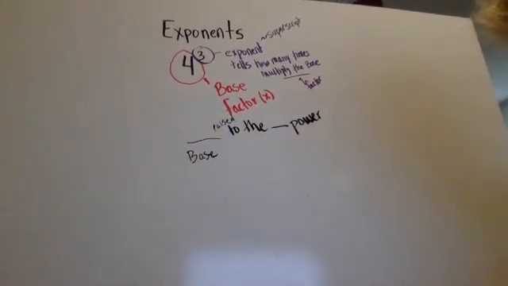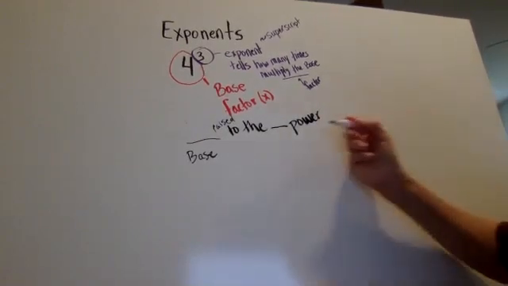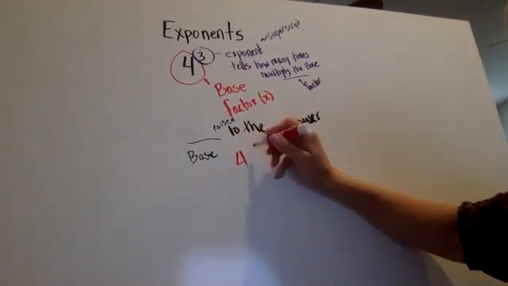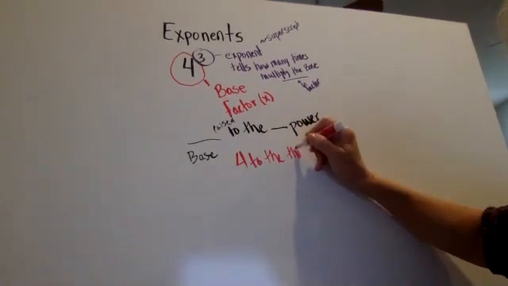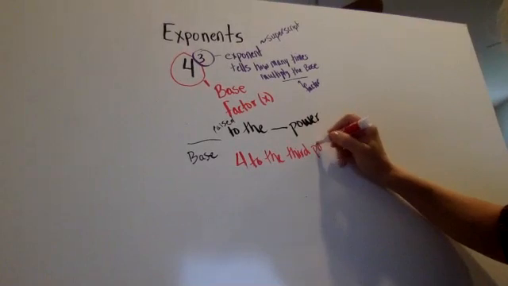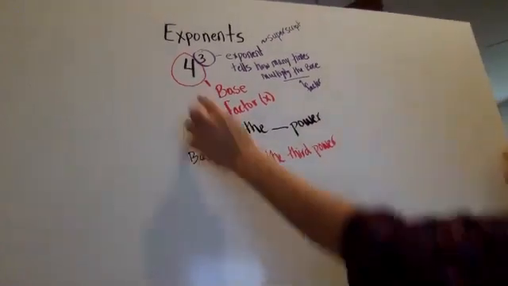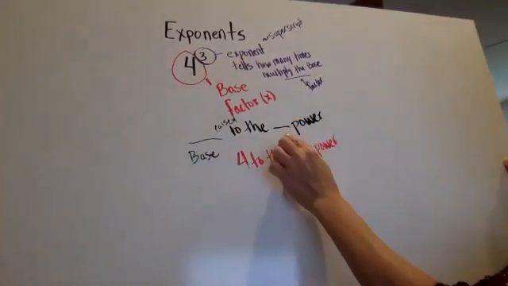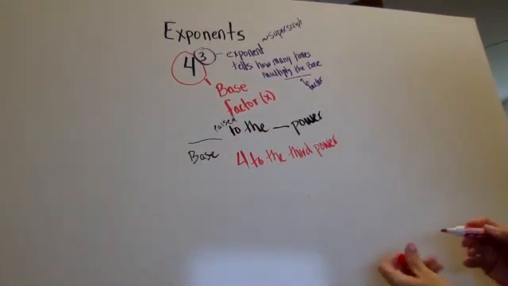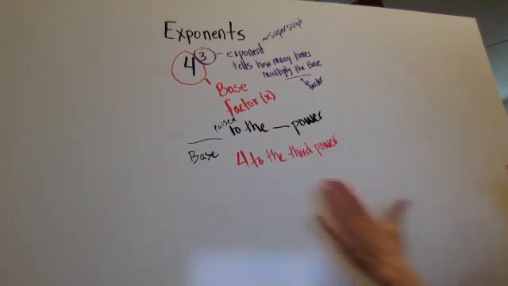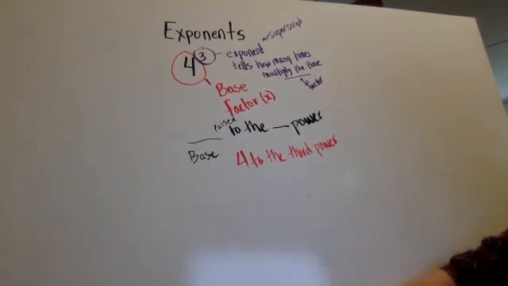So in this case, I would say that this is 4 to the 3rd power. Four is my base, 3 is my exponent. We wouldn't say "to the 3 power", but we say it as 1st, 2nd, 3rd, 4th, 5th power, and so forth. So that's how we say it.